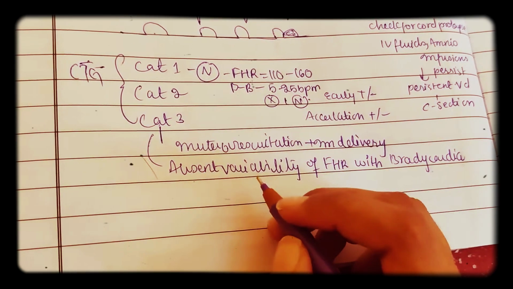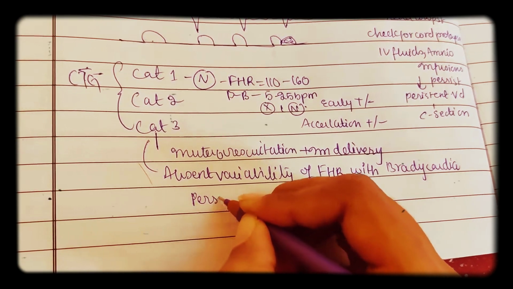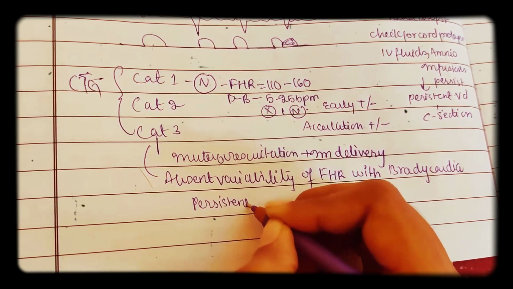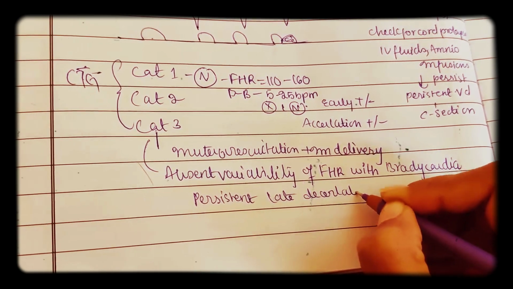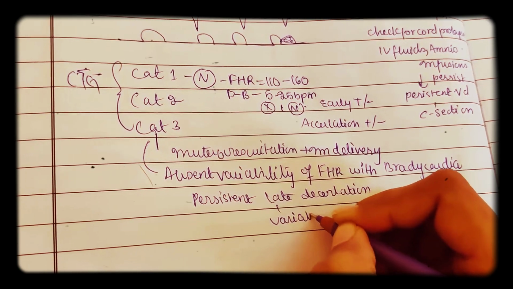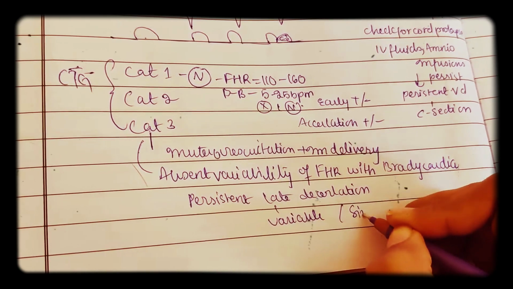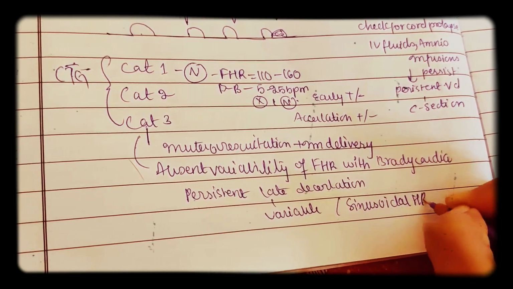And there is persistent late deceleration, and also persistent variable deceleration or sinusoidal heart rate pattern. All these are seen in category 3.